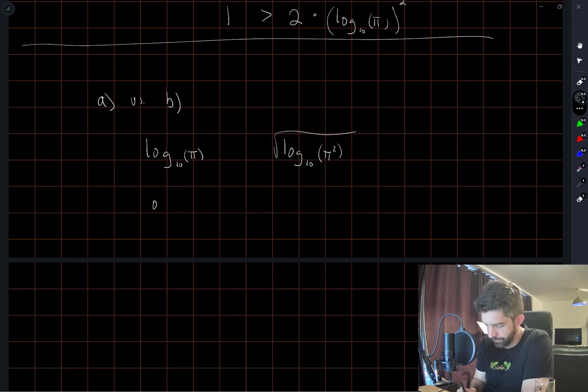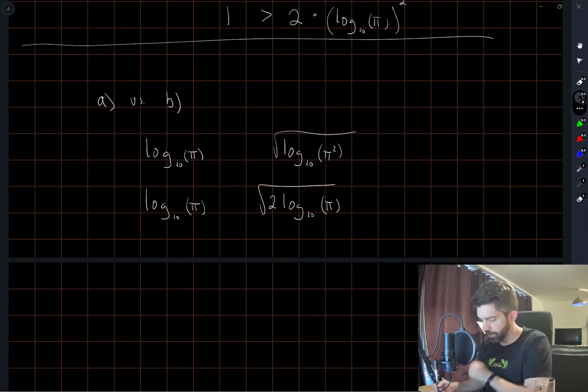So this is log base 10 of pi versus log base 10 of pi times root 2, all under square root.